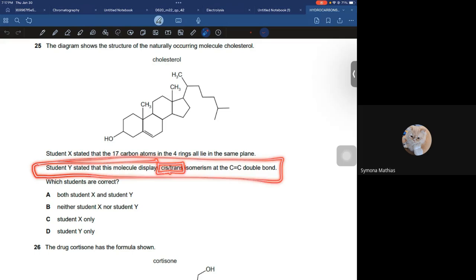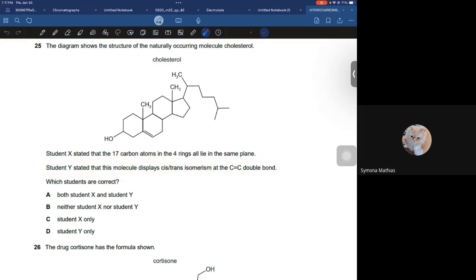Student Y is saying that this molecule displays cis-trans isomerism. I told you the two conditions for cis-trans isomerism. The condition was that there should be a double bond between the carbon-carbon atoms, and different groups should be attached on the same carbon atom.